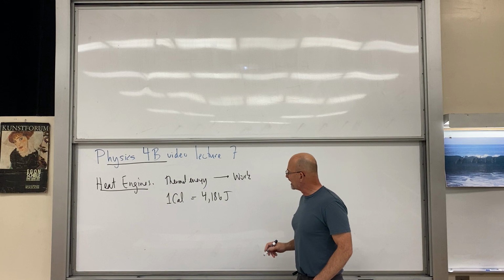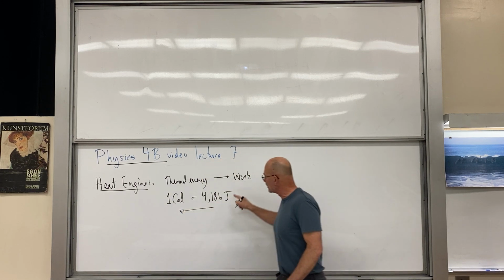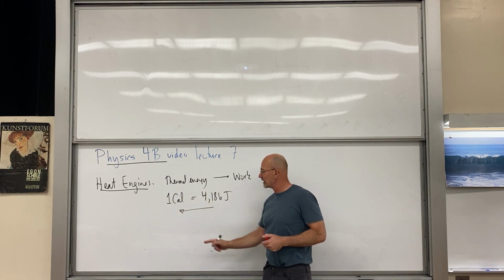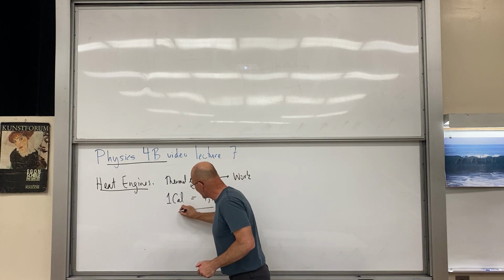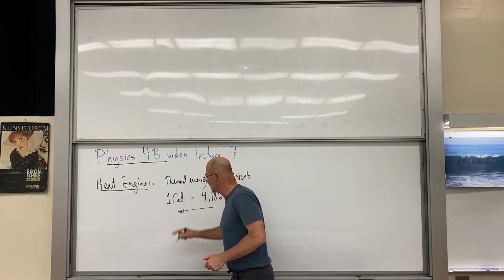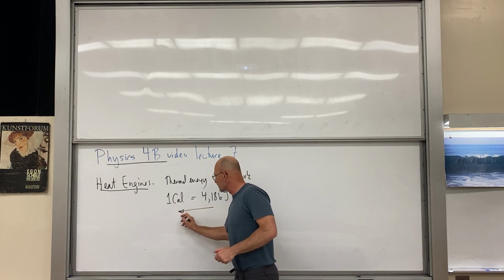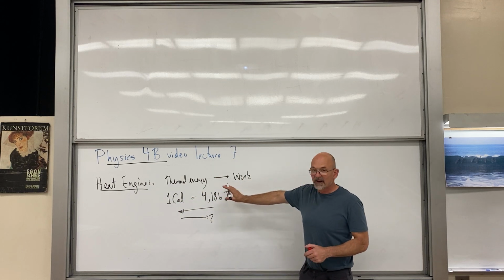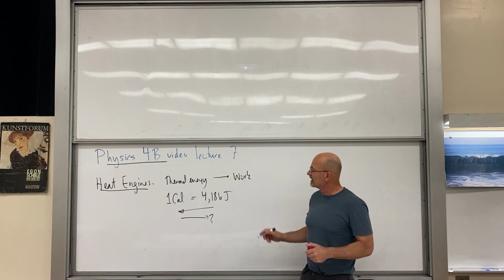The idea being that via friction we can do so much work and raise the temperature of water by so many degrees. So we knew we could do this. But can we take thermal energy and get a certain amount of work out of it? Well, it turns out we can.